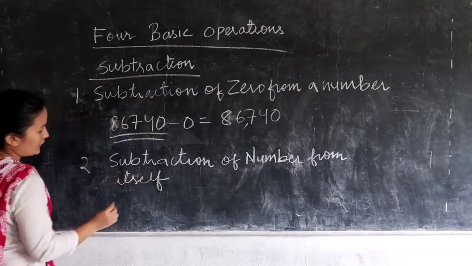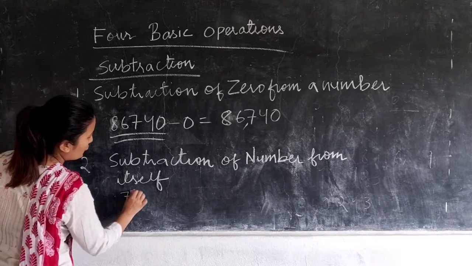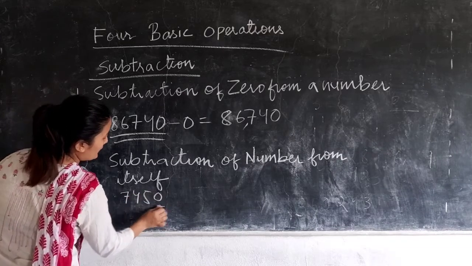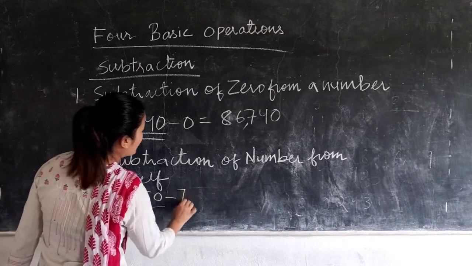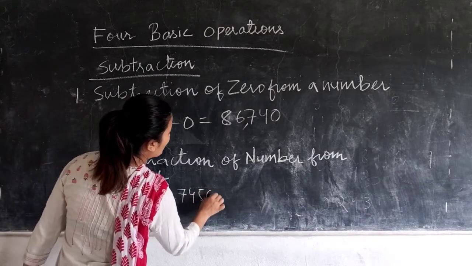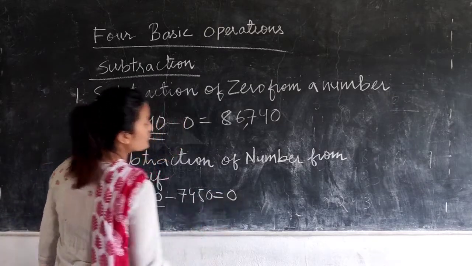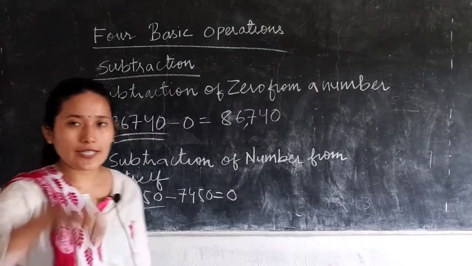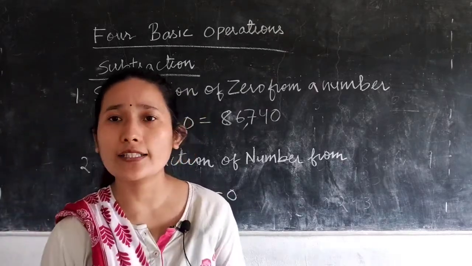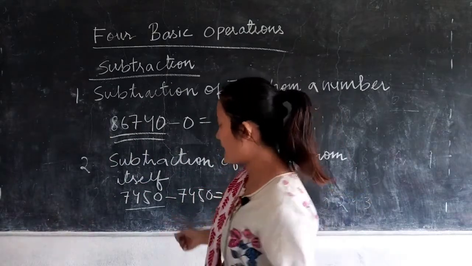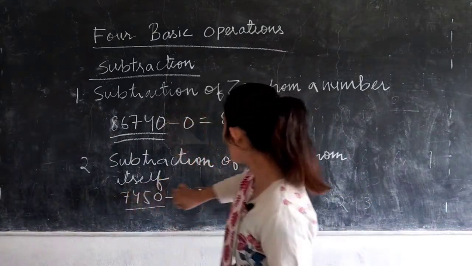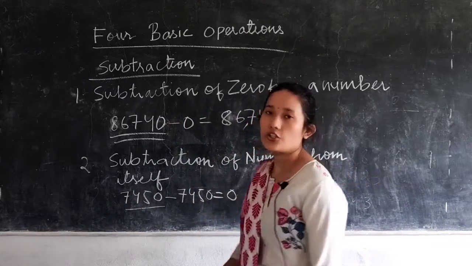So if you are given a number, let that be 7450. This is a number. So if you subtract this number from the same number, that is 7450, the answer would always be 0. Okay, so the second property says that if you subtract the number from itself only, you get 0.